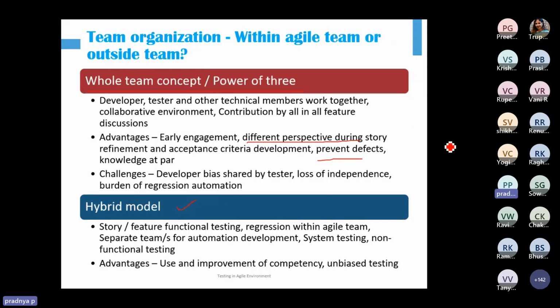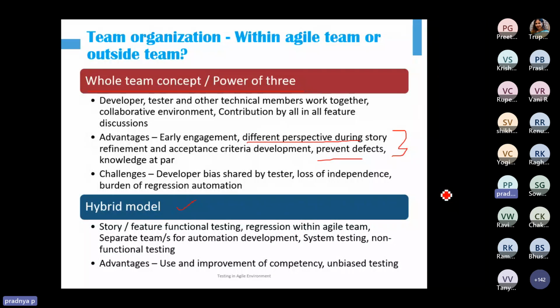This way, we retain the advantages of the whole team, but at the same time there is not too much burden on the testers, and testers do not lose their independence. For that, we will have a separate team focused on system level testing, independent testing.